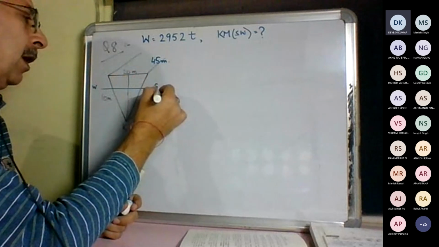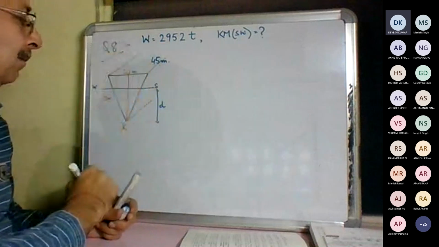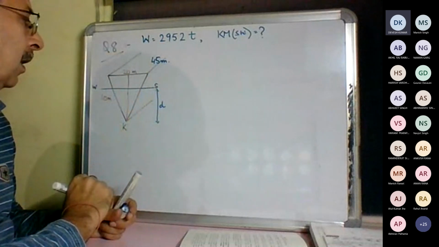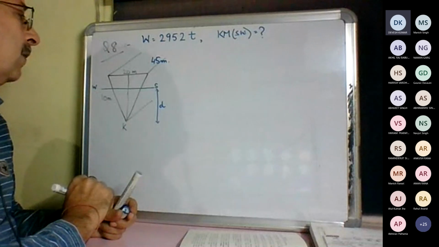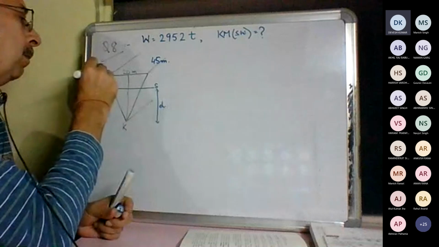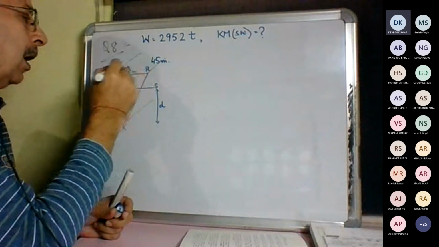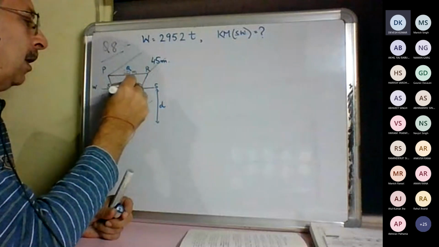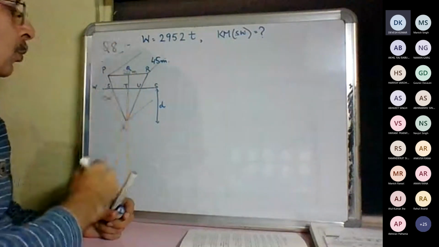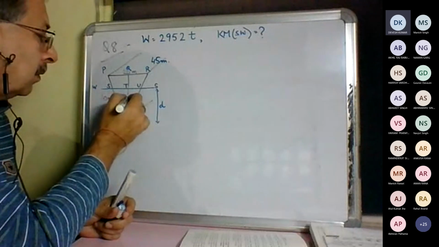Let's give some names now: P, Q, R, S, T, U.